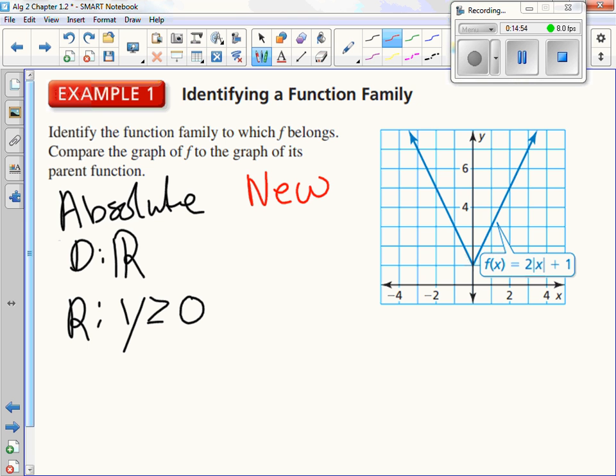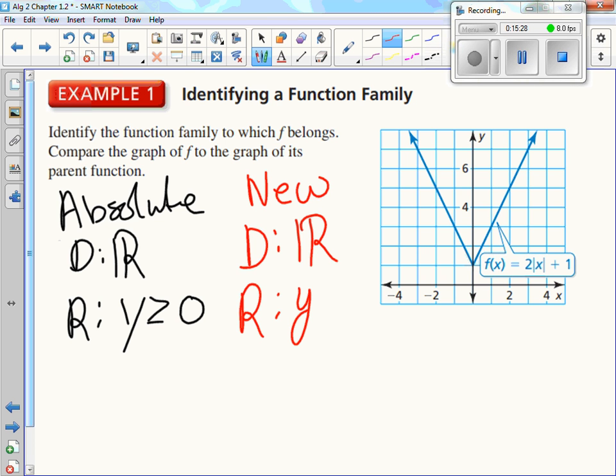The new one. So the domain, I'm going to go on and write it in, because we know the domain for an absolute value function is all real numbers, yes? So the range. We're looking at the y values.